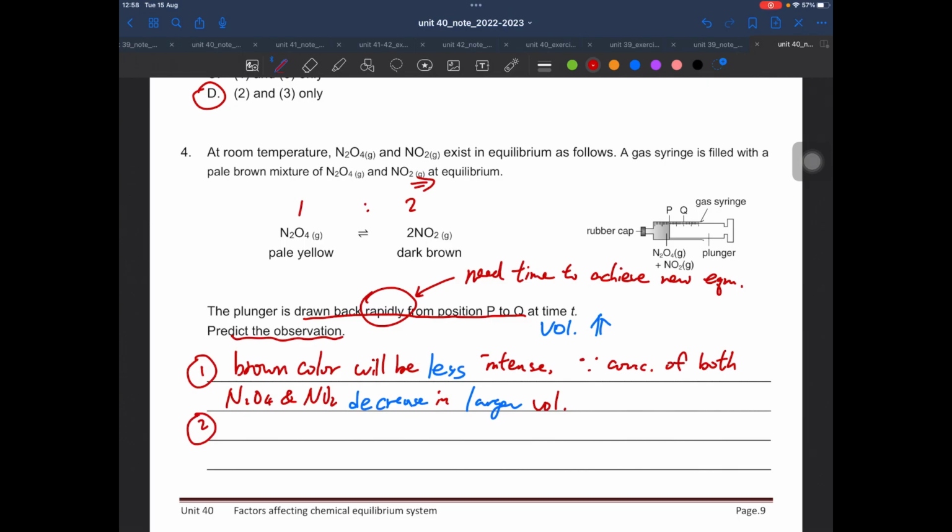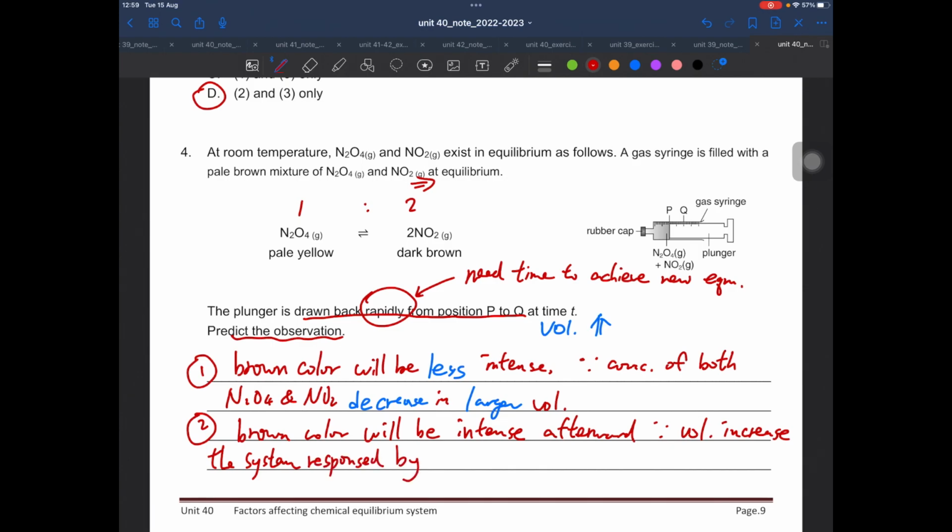Step 2. Then brown color will be more intense afterward because volume increase, the system responds by increasing the number of moles of gas.